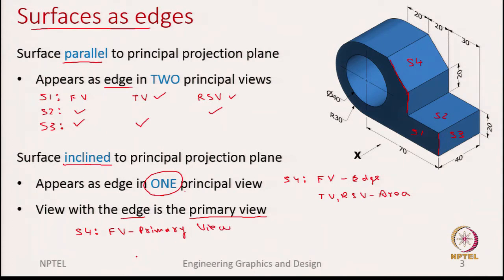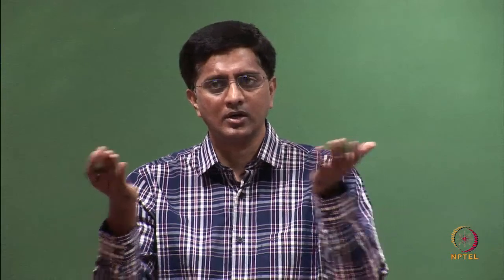So, since this is the primary view, when we draw the top view we open up onto the front view, when we draw the side view we open up on the front view, and similarly even for the auxiliary view we open up onto the front view. So, here it happened that the front view is the one where we see it as an edge, but depending on the orientation of the same object, for example, maybe this edge appears in a top view. Then what we need to do is we need to open the rest of the views on the horizontal plane which captures the top view. Okay.